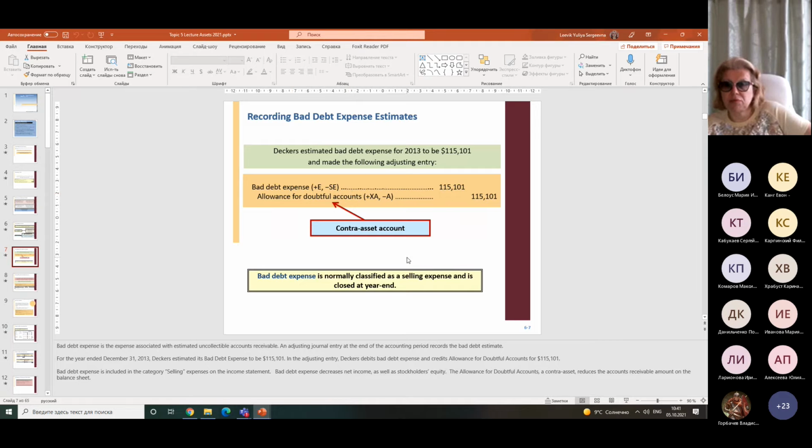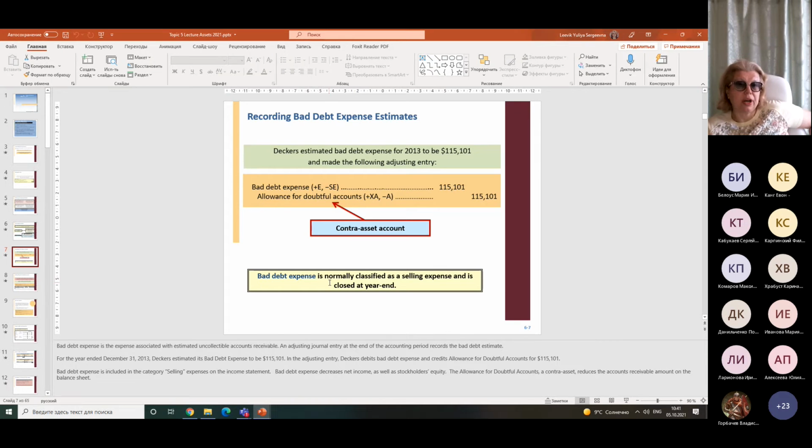But also it's a question where we should disclose information about bad debt expense in the income statement. Bad debt expense is normally classified as selling expenses. So this is what is important when you calculate gross profit. You don't need to consider bad debt expense.